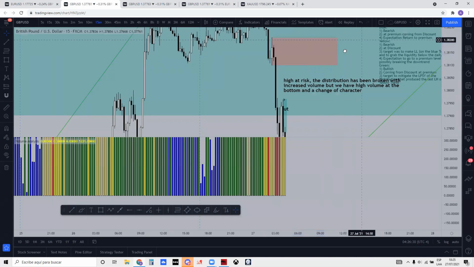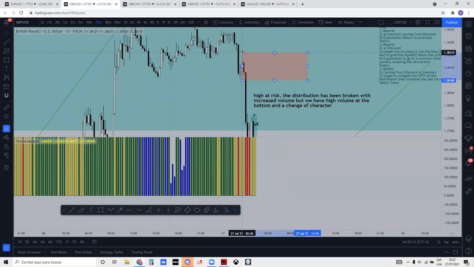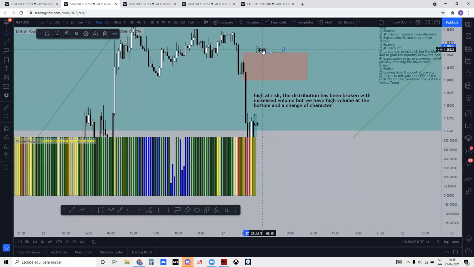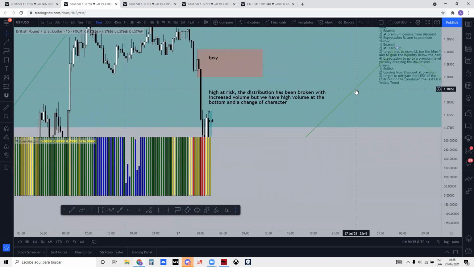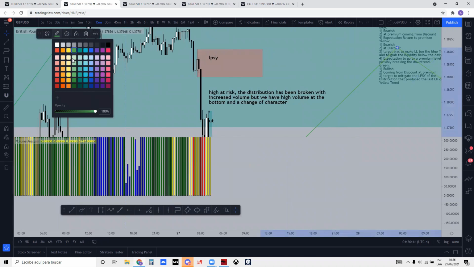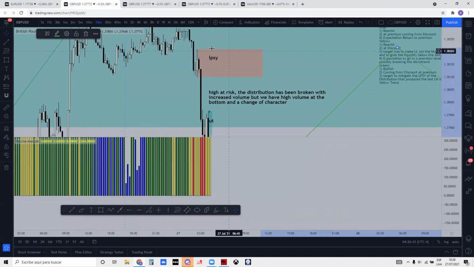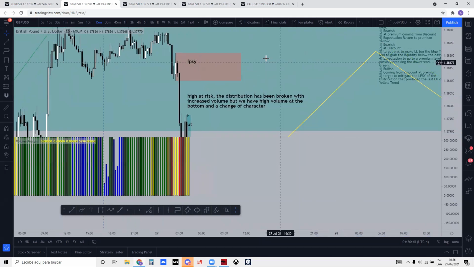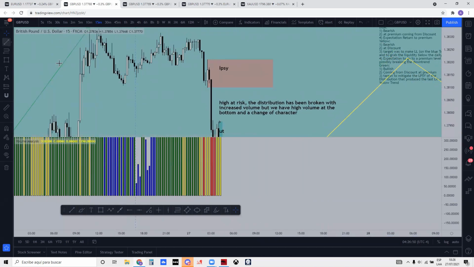Oh, this one. So this is LPSY. Change the color of this one so it's more visible, yellow maybe. Oh, what is going on with the colors today? There we go. And this is the breakout market structure right there.